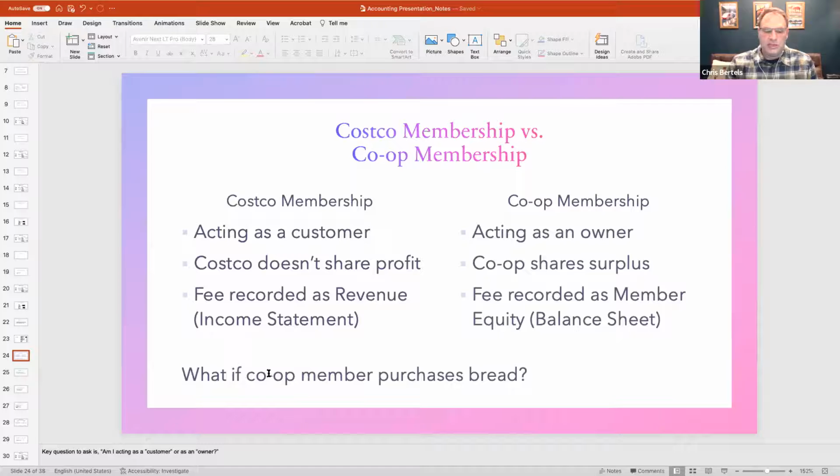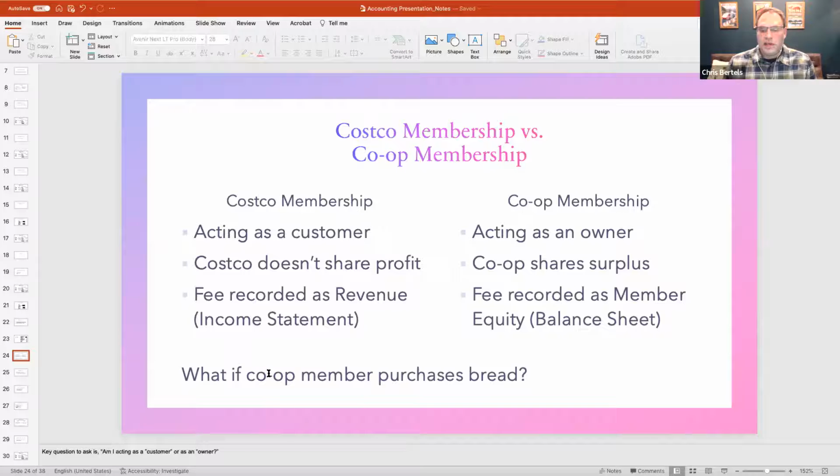Now, you can have an instance where a co-op member is purchasing bread. So you can be one of the 5 co-op members, and you can walk in and buy bread. So in that example, you're actually acting as a customer, not really as a member.